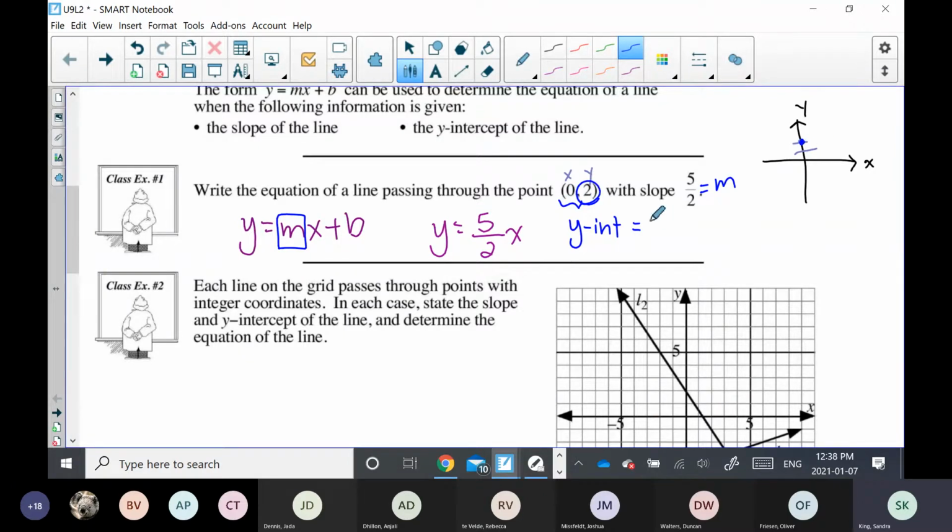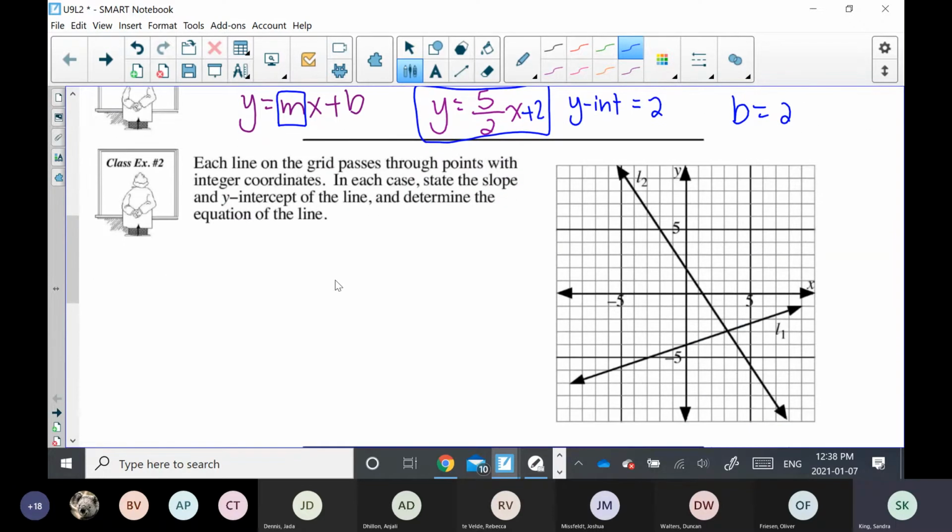So my y-intercept is 2, or my b value is 2. So that would be the equation of a line that has a slope of 5 over 2, and it passes through the point (0, 2). It means it has a y-intercept of 2, is how you would do that.